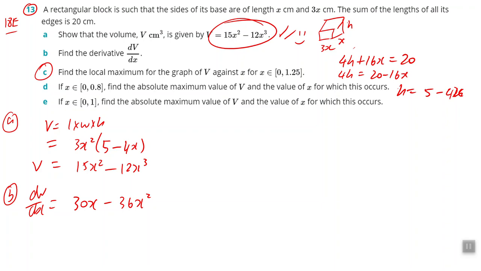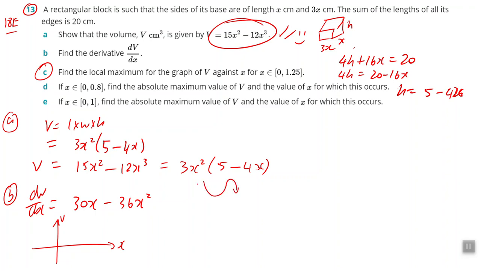Let's get an idea of what the original graph looks like. If we've got V and x, I can factorize this. If I take a factor of 3x squared out for V, then we get 3x squared times (5 minus 4x), since 3 goes into 12 four times. So this is going to be a negative cubic.